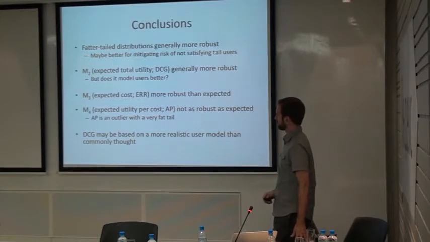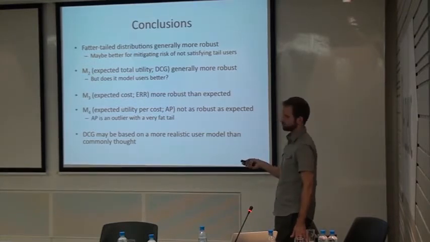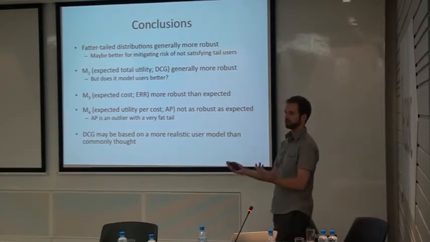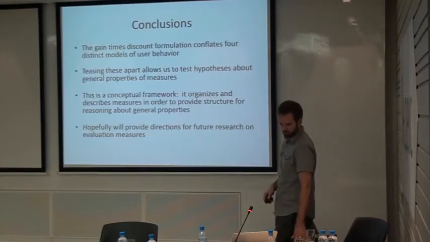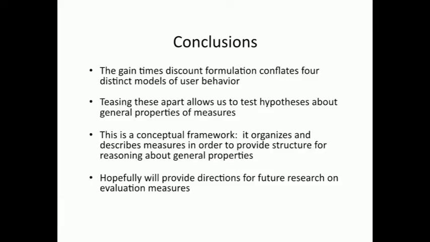Now, of course, this is all contingent on this particular data set. This is from the 2006 AOL search engine. It's possible that if you looked at modern data from Microsoft or Yahoo, you would see a steeper decline in clicks. It's also possible, maybe we should also look at the cumulative distributions instead of probability distributions, and then we would see something else.